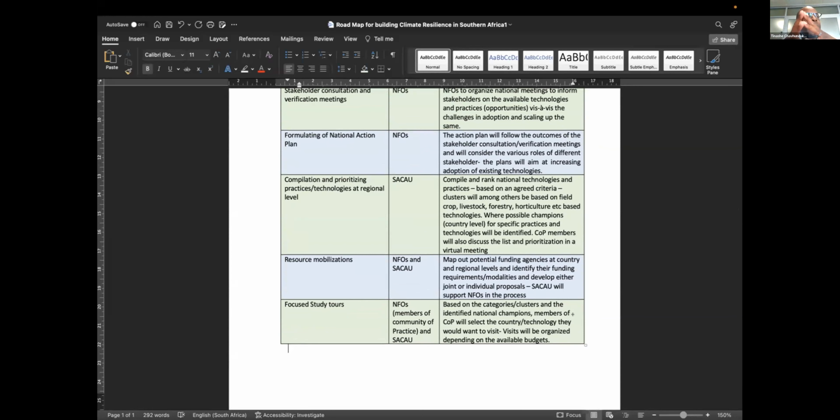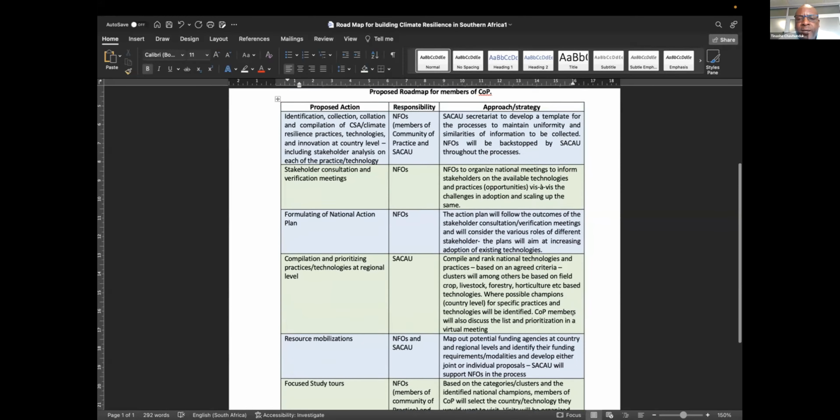If you are in the livestock cluster, you can go to a livestock innovation center to learn more, and then you go and transfer. And of course, we needed to mention the budgets there to say money talks. If you don't have the money, then some of these activities cannot happen. Hence, we need to be focusing more on resource mobilization, like I already alluded to in the previous proposed action.